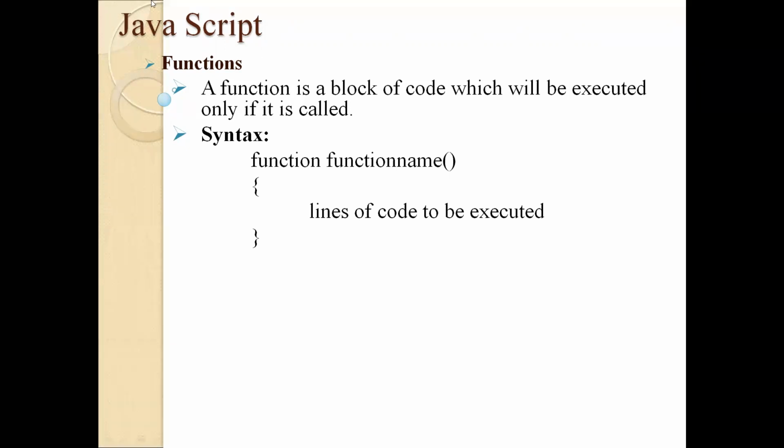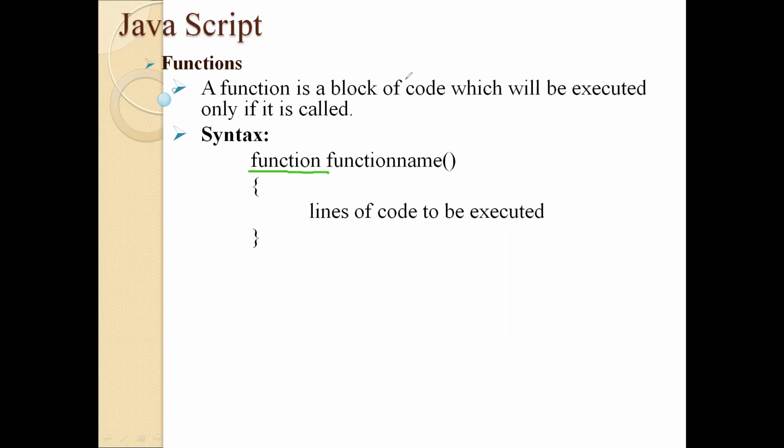In any language, a function will have four parts: a return type, function name, parameters, and body. In JavaScript, we don't bother about the return type. We have a keyword called the function keyword.